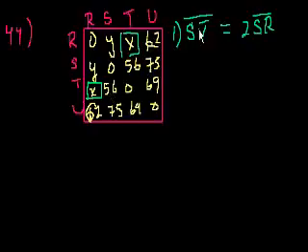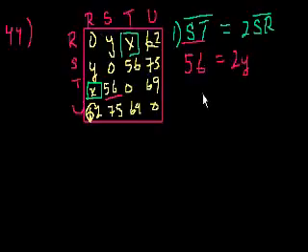So 56 is equal to 2 times SR, and the distance between S and R is y, so it equals 2y. And so we can solve for y. y is equal to 28. We actually didn't have to solve it, but I'm just trying to see where this goes. That still doesn't help me figure out the distance between R and T. That just helps me solve for y. y is 28.